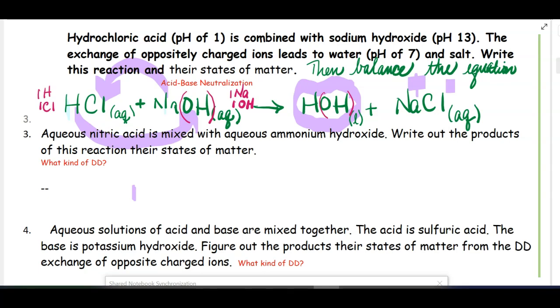So here we have one hydrogen and one hydroxide. And here we have one sodium and one chlorine. Did you notice that we have one of everything? So therefore, this is balanced. This is a balanced equation. Once we wrote the correct formulas, we had a balanced equation.